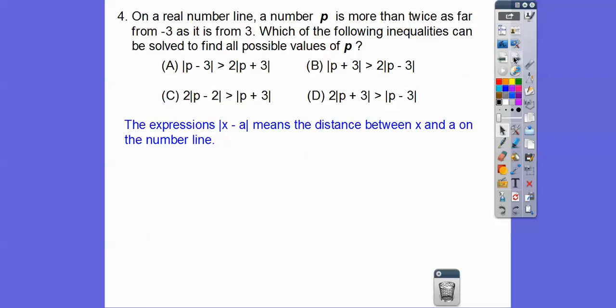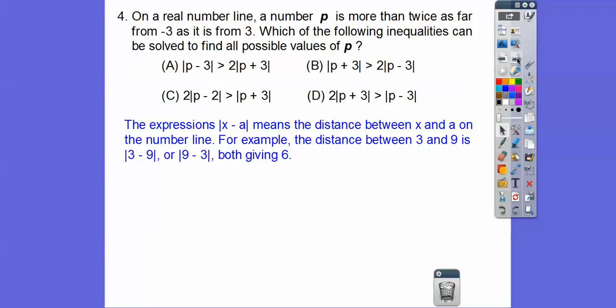For example, the distance between 3 and 9 is 6. We know it's 6, so it's either the absolute value of 3 minus 9 or the absolute value of 9 minus 3. They both give us 6.